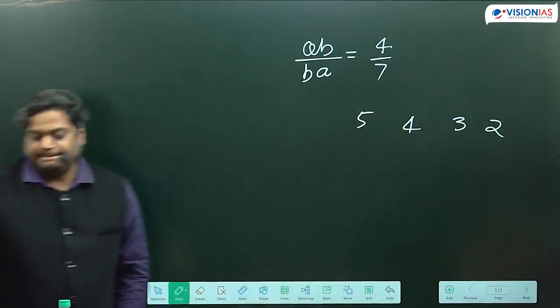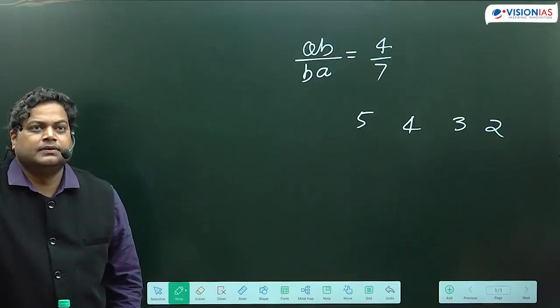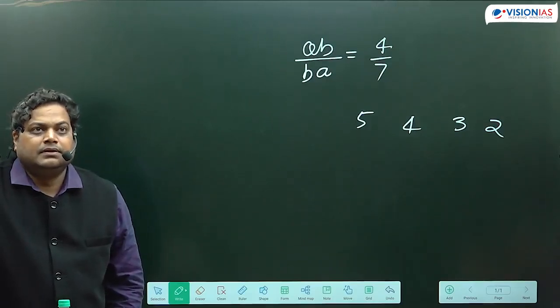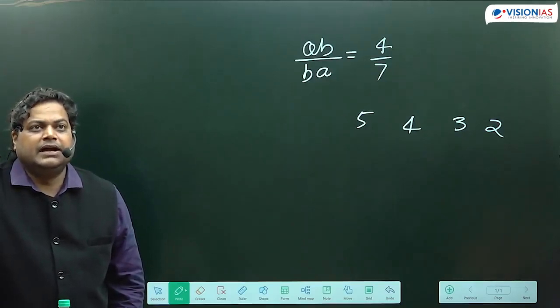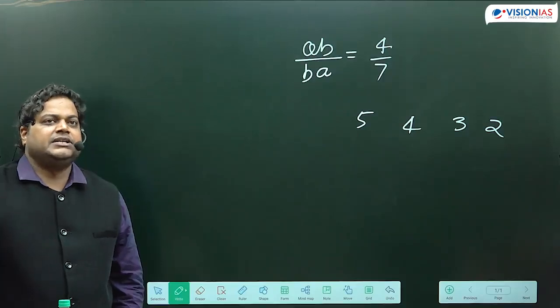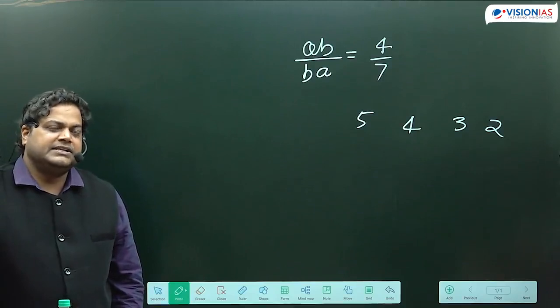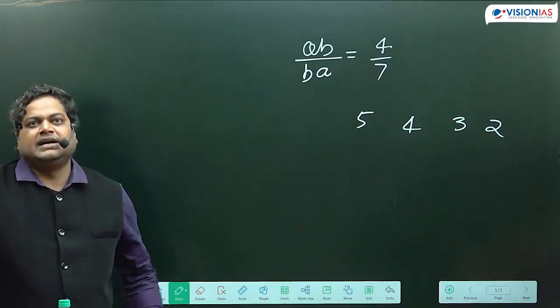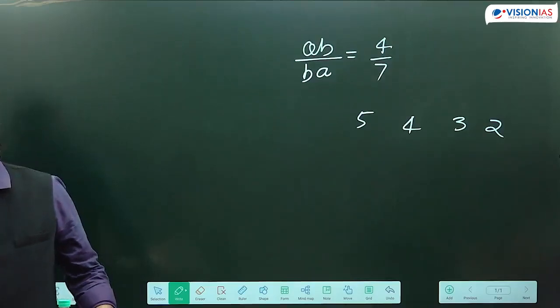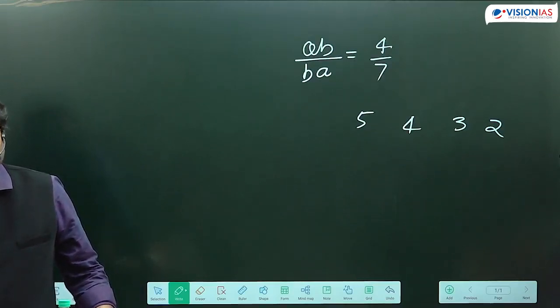Options. Answer: none. Why not 6? Because we have 6 pairs, but in the question it was asked how many numbers there are. If it had been pairs, then yes, we could say 6 pairs, but it is asked how many such numbers there are. Then for the answer of the last question, please check it once more; I guess it is 6.